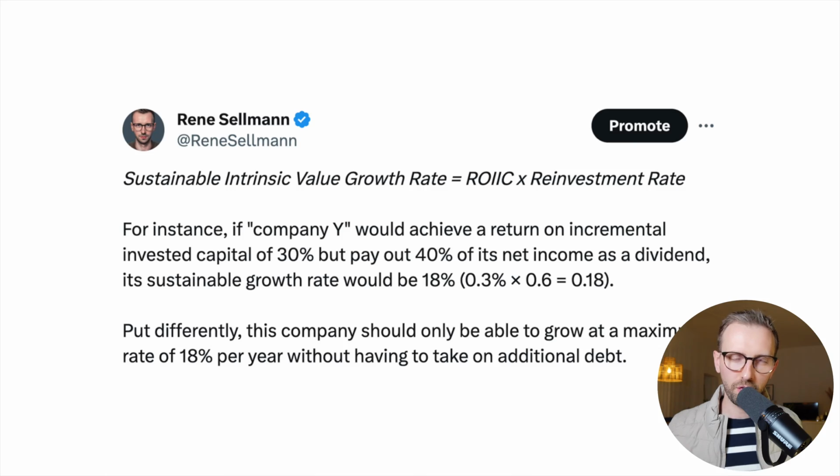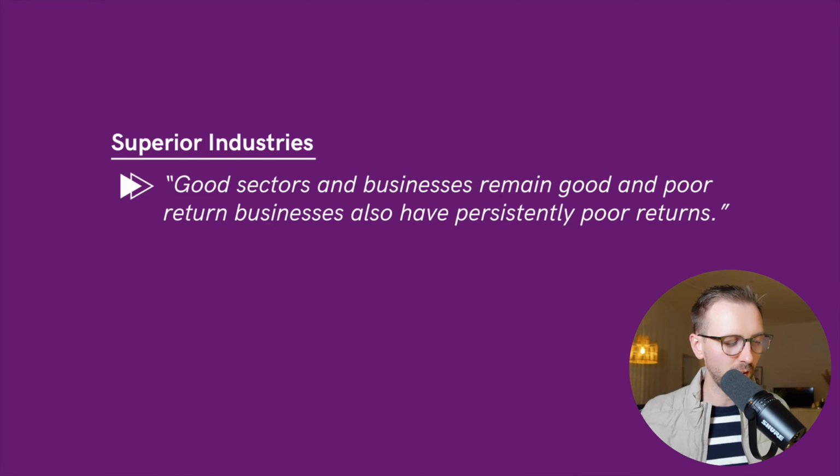Now, what Terry Smith was also pointing out in the letter that I was referencing earlier is that obviously the industry a business operates in plays a significant role when it comes to the long-term returns of the business. There are just some industries that are generally very chronically poor industries because the players within that industry may have very little pricing power.